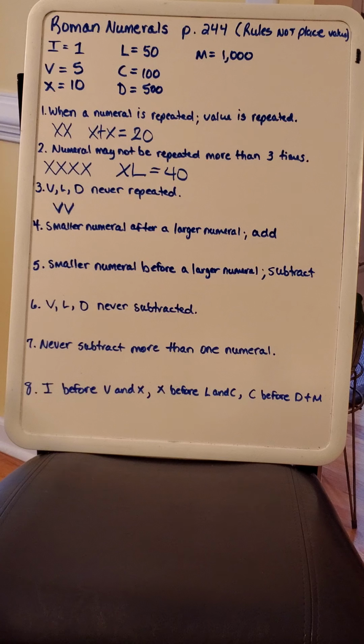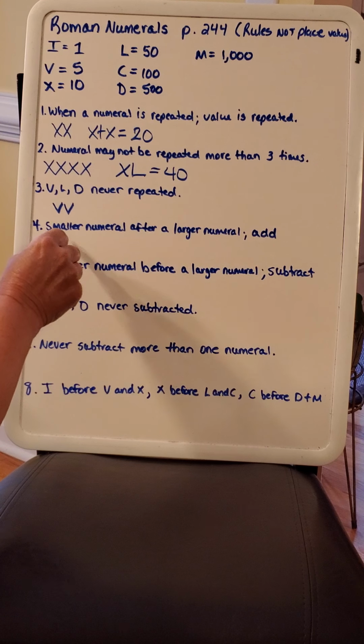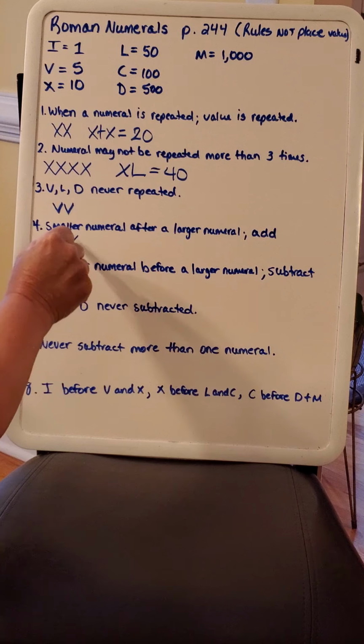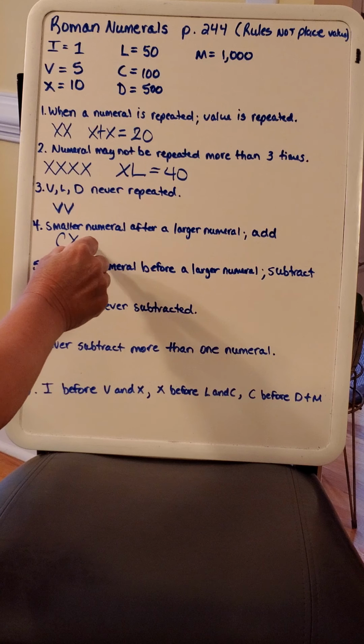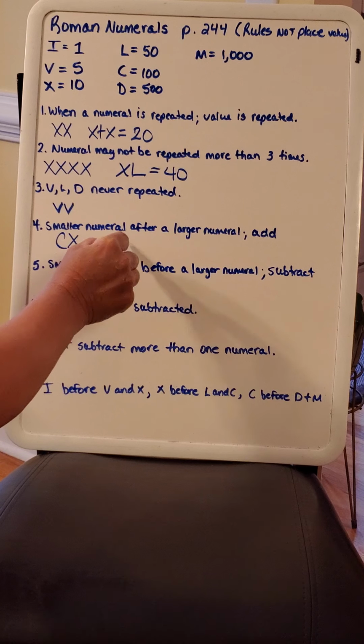Number 4, a smaller numeral after a larger numeral, you will add. So for this one, we'll do C, X. C is 100, X is 10. So we're going to add these, so this will be 110.